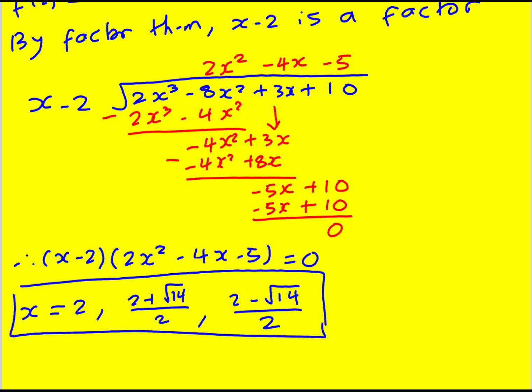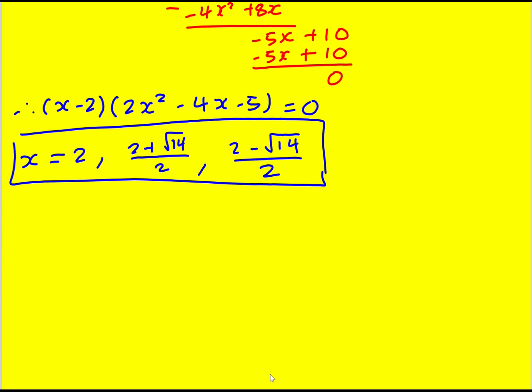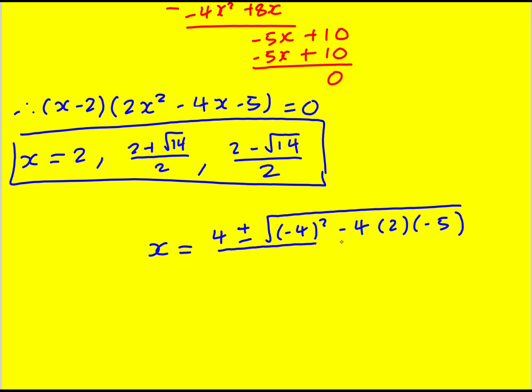I haven't actually shown any work in here, so I'd probably come back to it and just write down the quadratic formula. It's going to be 4 plus or minus 4 squared minus 4 times 2 times minus 5, all square rooted, all over 4.